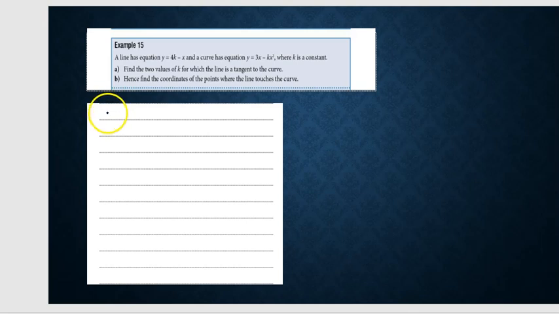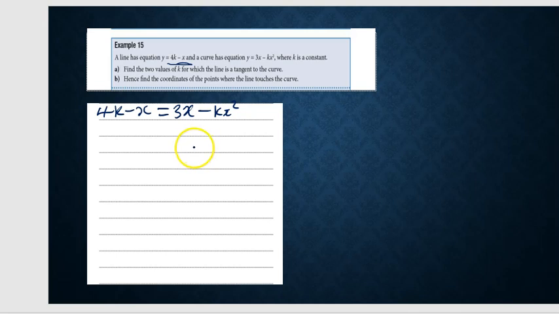If we look for the line and the curve, they will meet when 4k minus x is equal to what? 3x minus kx squared, right?